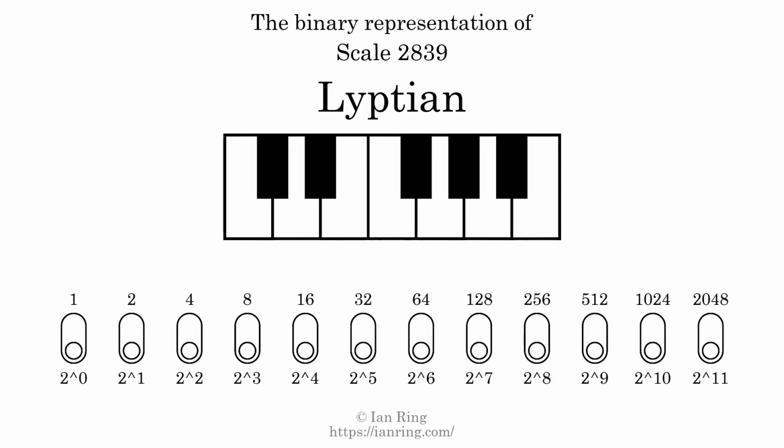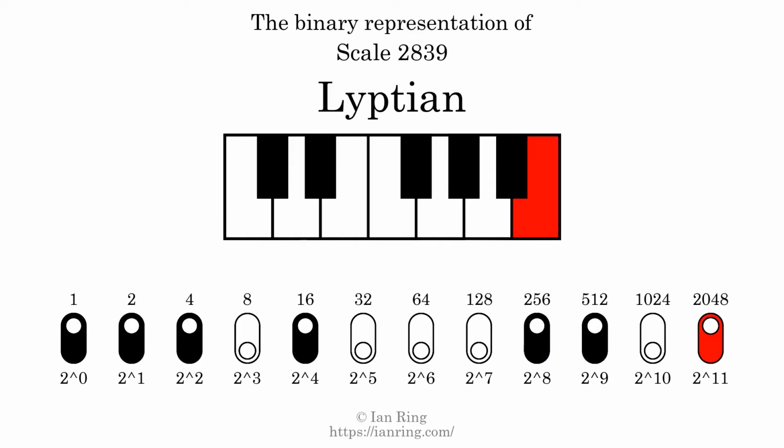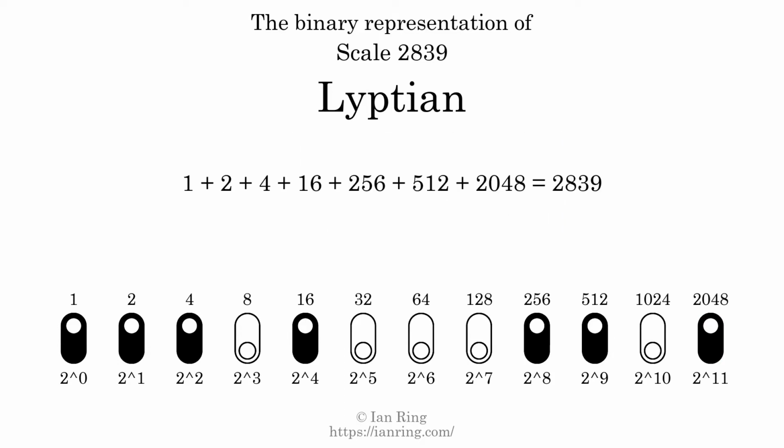The binary representation of this scale is determined by mapping tones of the scale to binary digits. Each binary digit represents a power of 2. To get the scale number, we add the powers of 2 together. The powers of 2 that are present in the scale, all added together, equals 2839.